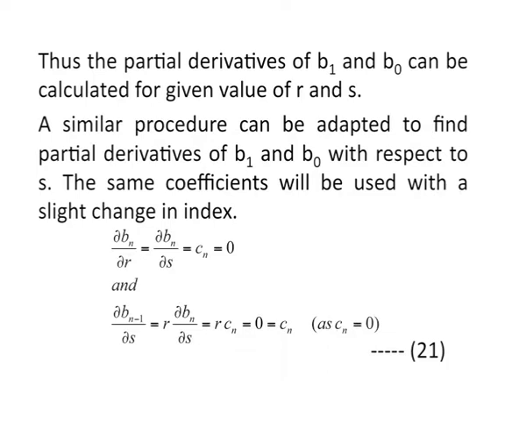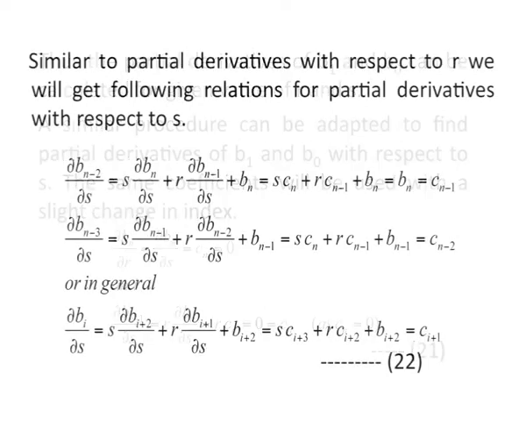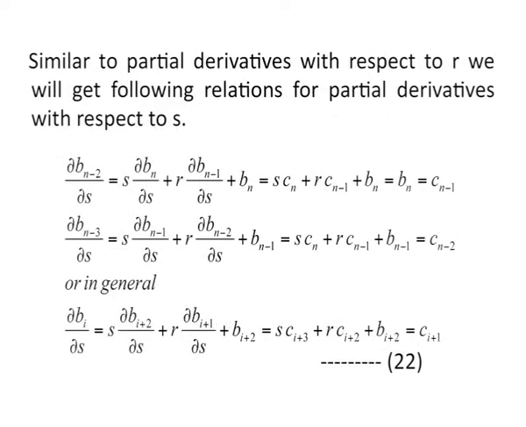Here the shifting is only of the index, and we shift the index of Cn by 1 in upward direction. So, we get the derivatives of Bn minus 1, Bn minus 2, Bn minus 3 with respect to S, and we name them Cn minus 1, Cn minus 2, and so on.